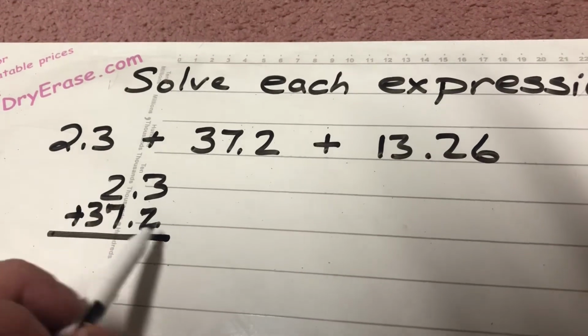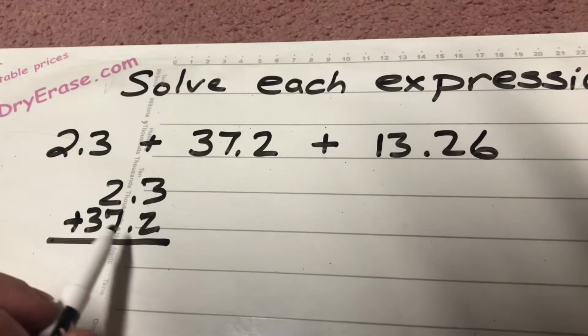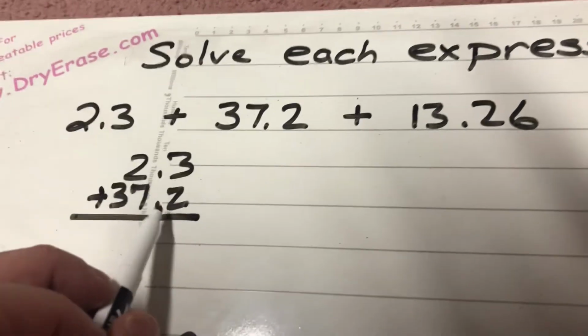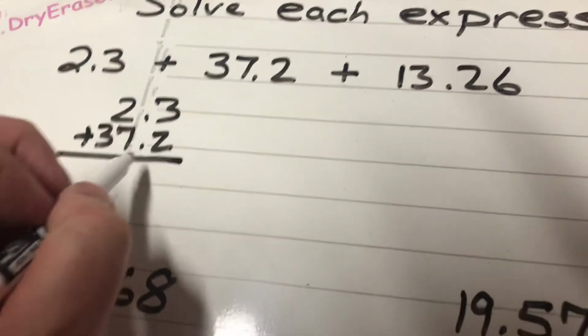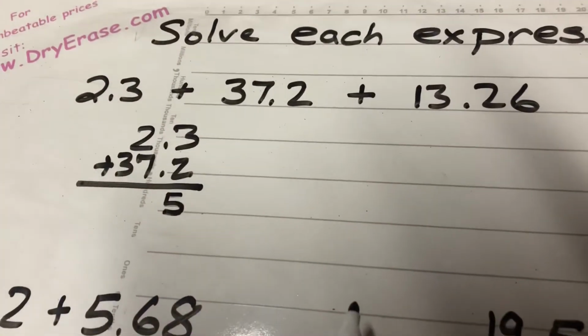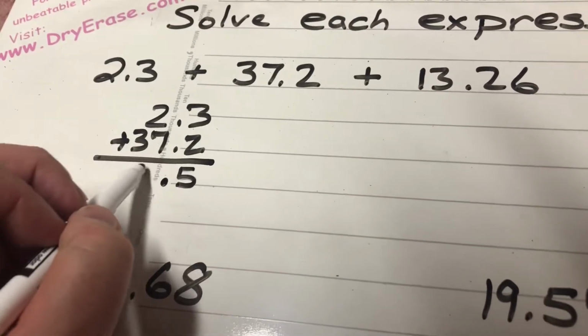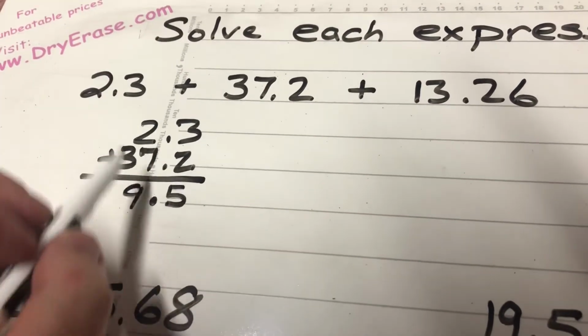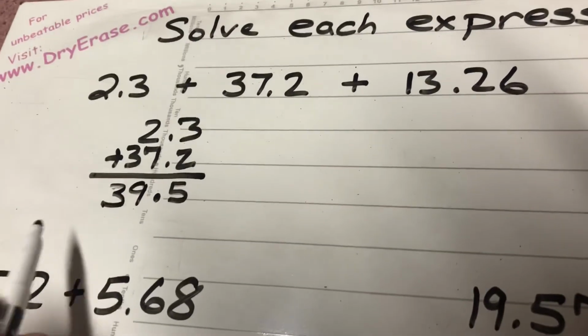Who cares if you have a number sticking out here or there? What's important is that the decimals are lined up. Once I have that established, I'm going to do 3 plus 2, and that's 5. I'm just going to add these like I normally would. Drop the decimal. 2 plus 7 is 9. Nothing in 3 is 3. I end up with 39.5.